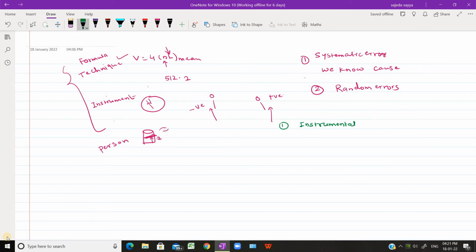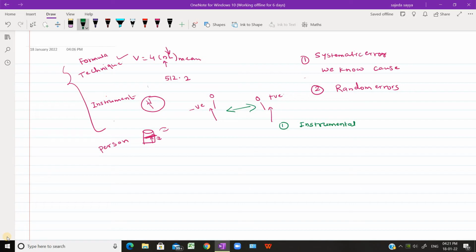So how can we minimize this instrumental error? For example, in the case of a milliammeter, where the pointer is not coinciding with the zero of the milliammeter before starting current through it, it may be a positive or negative type of error.